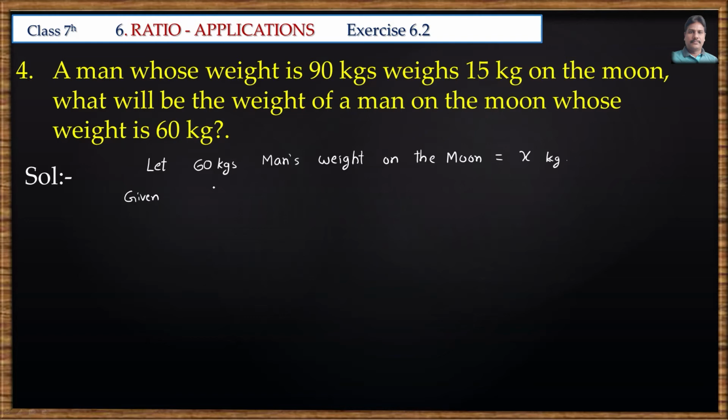Given 90 kgs man's weight on the moon is equal to 15 kgs.